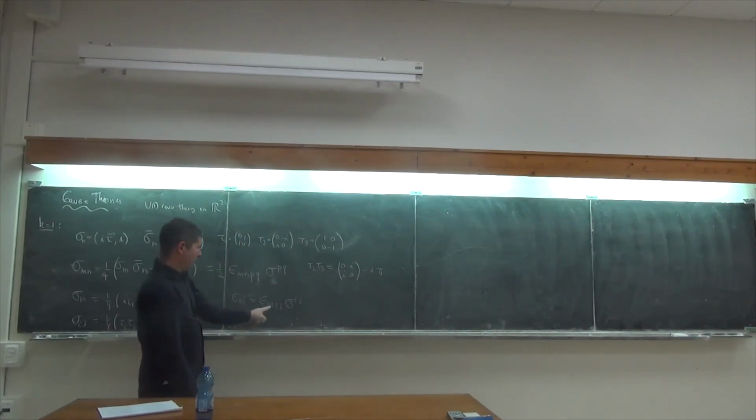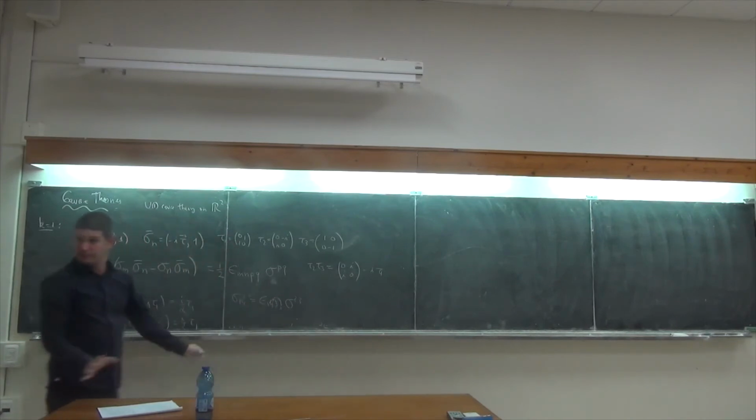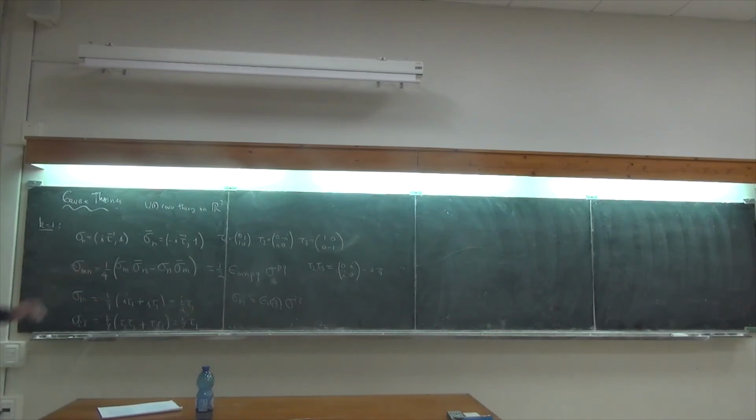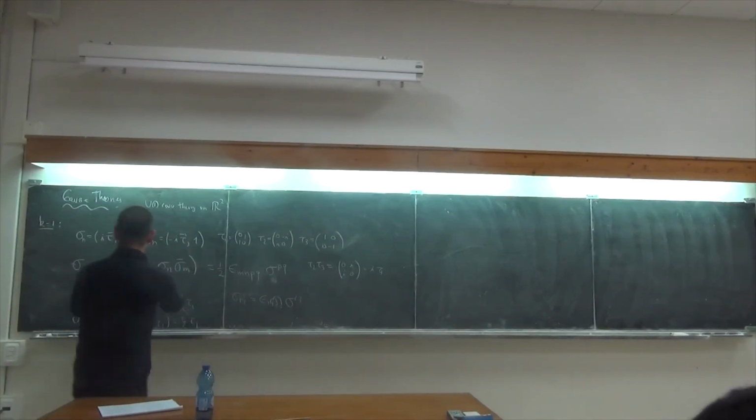Okay? And epsilon 1/4 2/3 is 1. Therefore, this is self-dual. You can compute all the other components. You see that this object is self-dual.